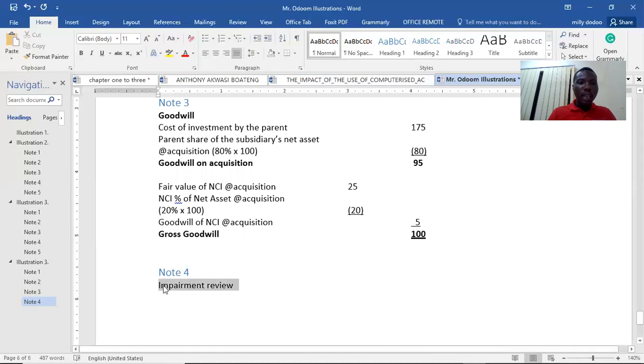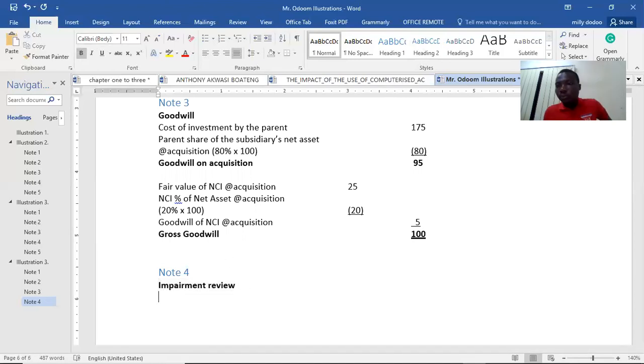Now, anytime we say impairment, think about loss. But loss of what? The loss in goodwill is called impairment. The loss in value of a fixed asset is called depreciation. The loss in value of an intangible asset is called what? Amortization. The one for goodwill is called impairment.